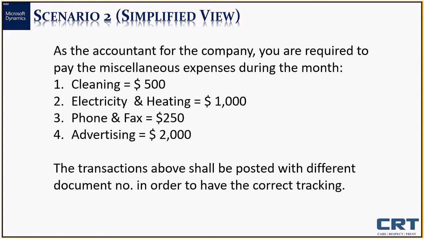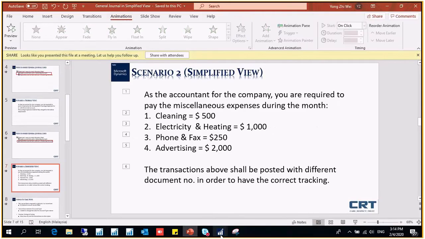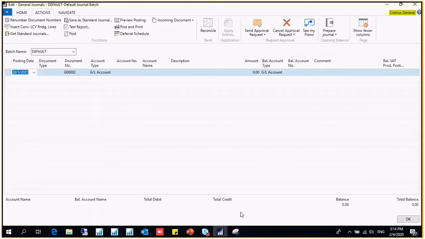So I'm going to show this scenario in a simplified view. Okay, please note that this function is only available for the version of BC. Okay, let's go to here. So for the version of BC, there is a function in the general journal.